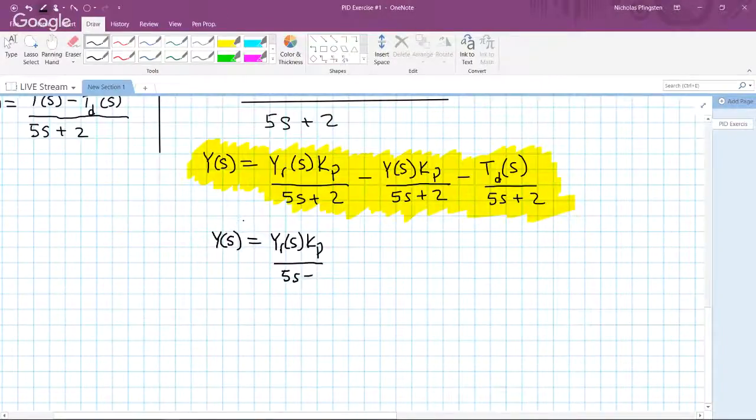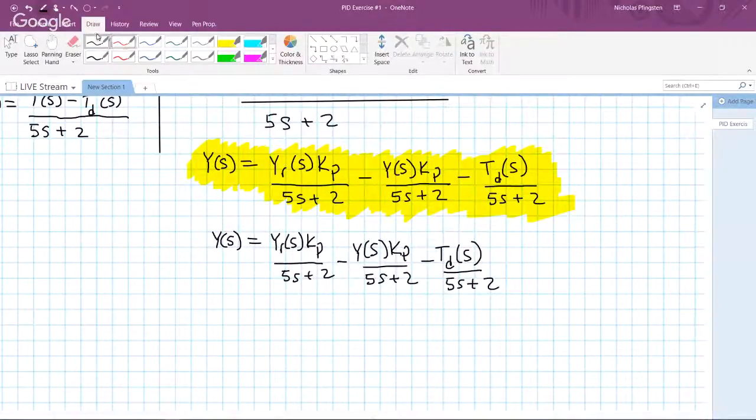Y of S plus 2 minus Y of S, KP, Y of S plus 2 minus T sub D of S, 5S plus 2.